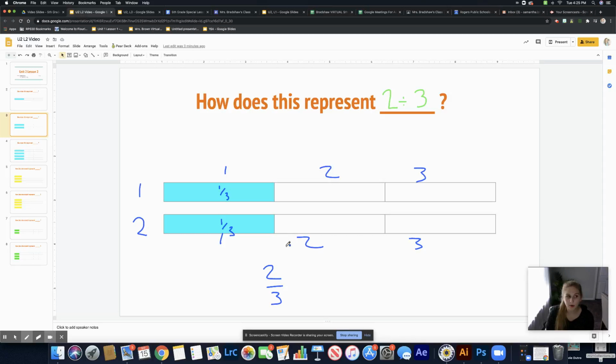If you remember what we taught on the last slide, I can read this fraction bar as divided by: 2 divided by 3. If you notice, that was the same thing that I had up here. So 2 divided by 3 equals 2 divided by 3, 2/3.